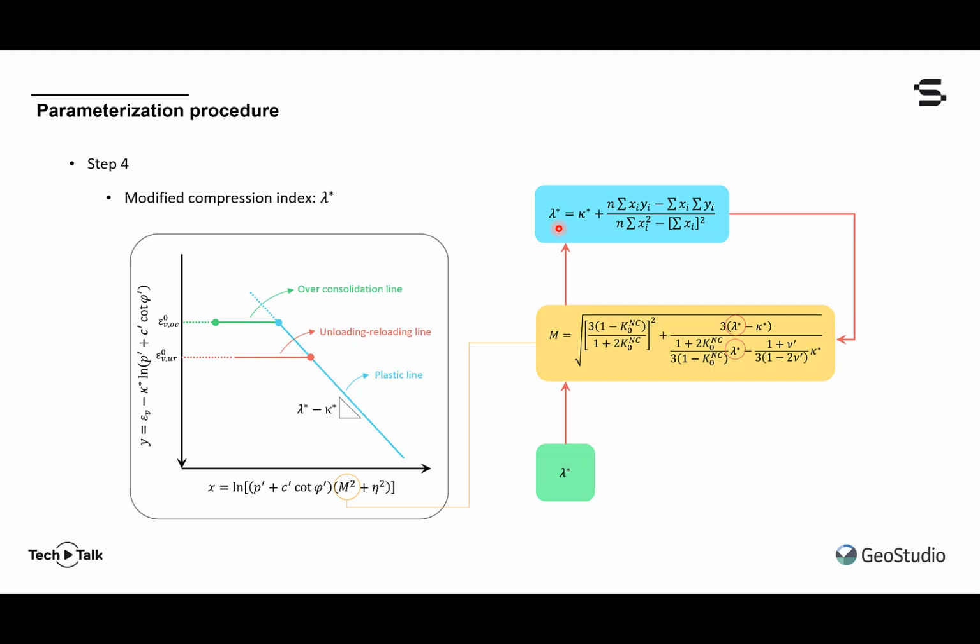And so we would update M, which would update our plot, which would update lambda star. This iterative process is generally repeated a handful of times until both M and our index stops changing. We'll demonstrate this in just a few slides.